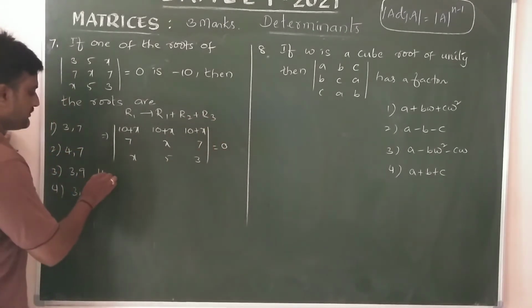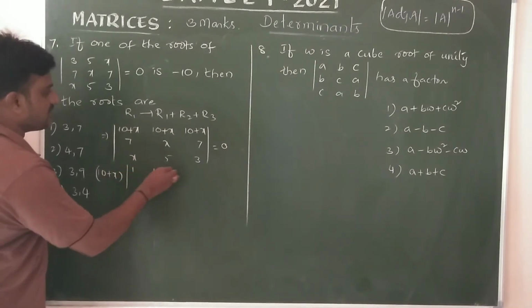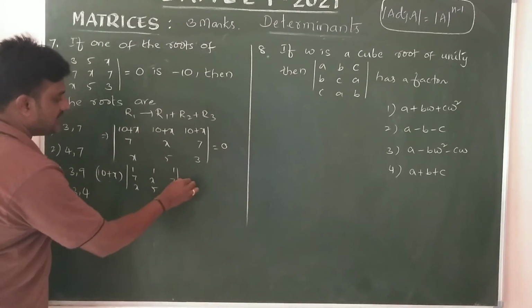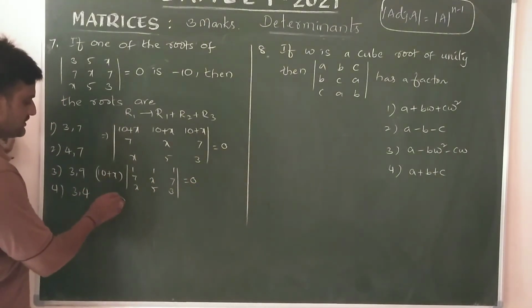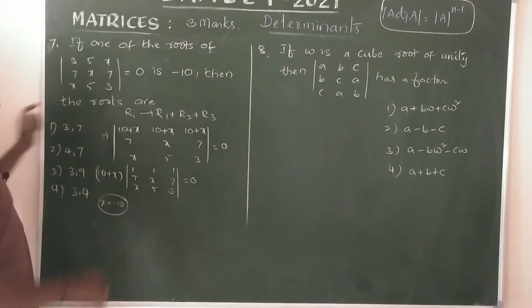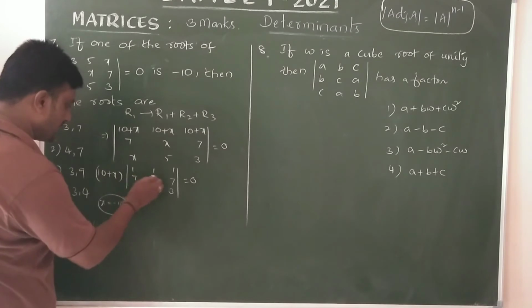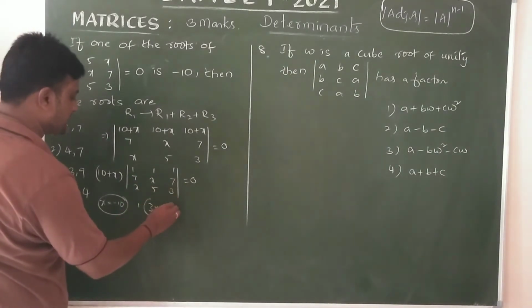Okay, clearly we know 10 plus x is common, it is one of the factors also. 1 1 1, 7, x, 7, x, 5, 3, okay, equals 0. Okay, we know clearly x equals minus 10, already we have one of the roots. Okay, and also we need two more. Here 1 into 3 into x, 3x minus 5 into 7, 35.